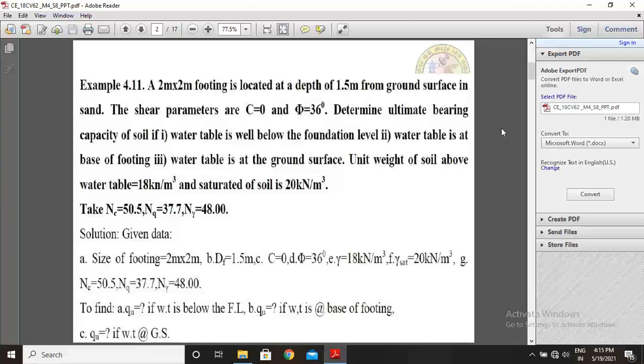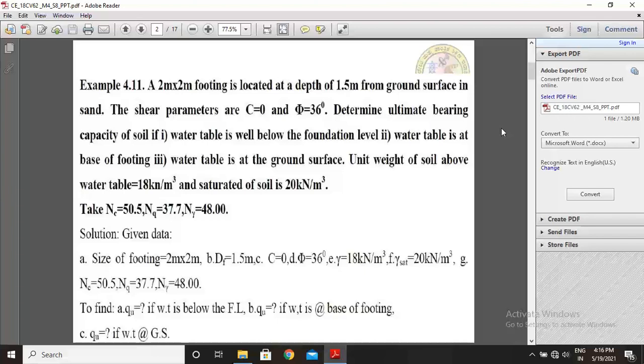To find ultimate bearing capacity equal to how much, if water table is below the foundation level. Second case, ultimate bearing capacity equal to how much if water table is at base of footing.